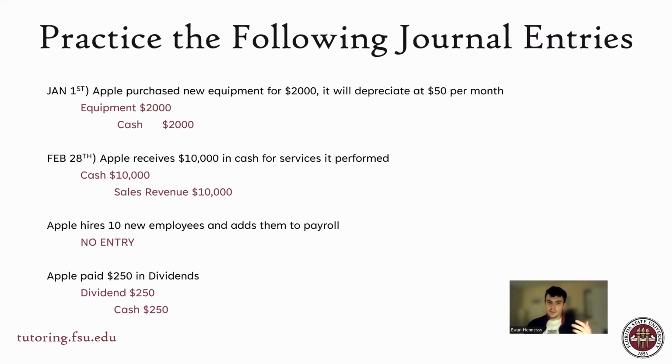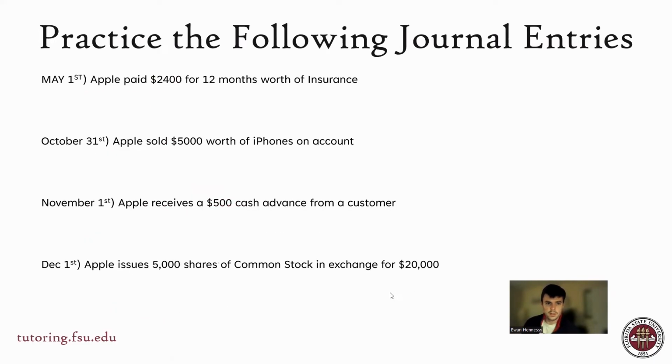Then it makes sense that we would debit this dividend, which is going to decrease the credit balance of retained earnings that we have. And we're just going to credit cash because companies are usually paying cash with dividends. So our cash is going down by $250, and our total stockholders' equity is going down because retained earnings is going down by debiting a dividend.